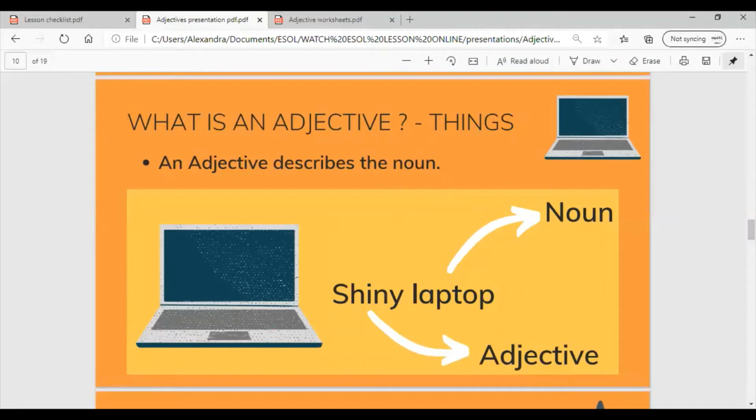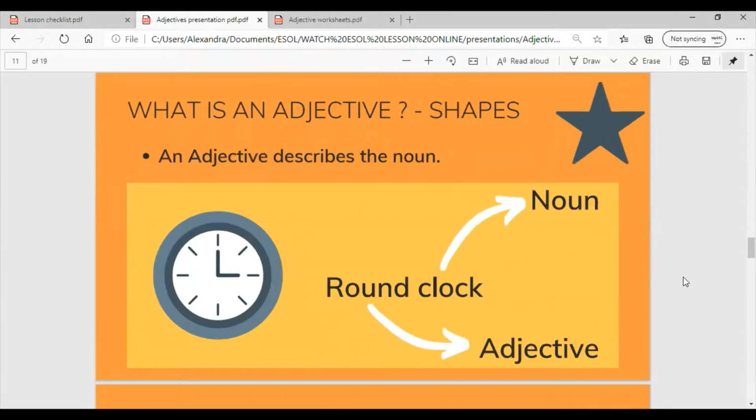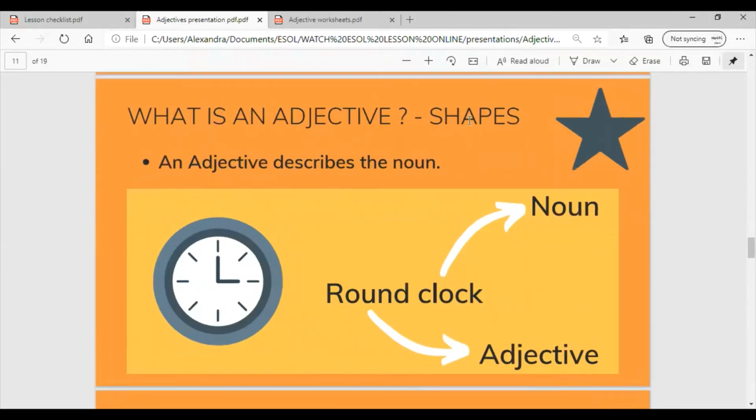And next we have the category of things. We have a shiny laptop right here, and laptop would be our noun because it is a thing, and our adjective, which describes the noun, is shiny. So that is one way of describing a thing. And then next, we've got the category of shapes.